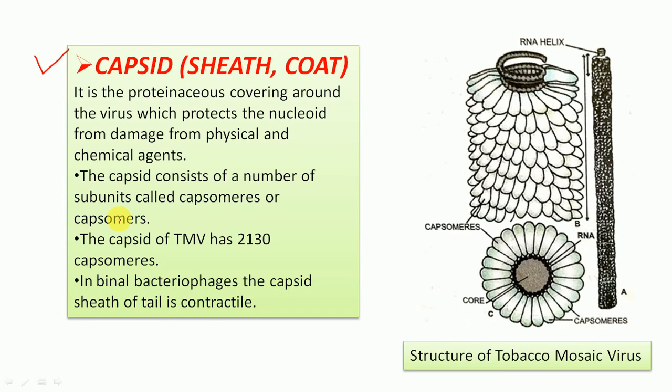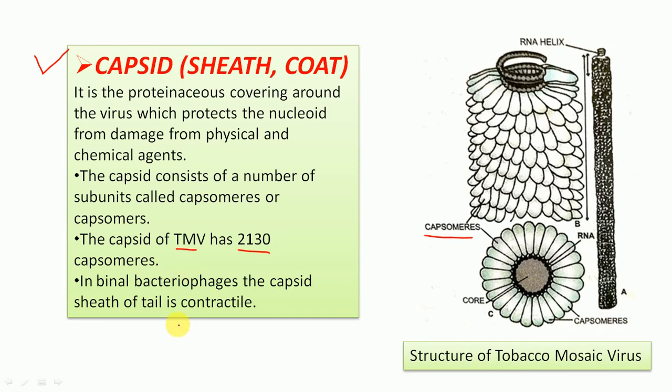Now this capsid, like here you see the structure of tobacco mosaic virus, has a number of subunits, and they are known as capsomeres or capsomers, okay. In tobacco mosaic virus, 2130 capsomeres are present, okay.